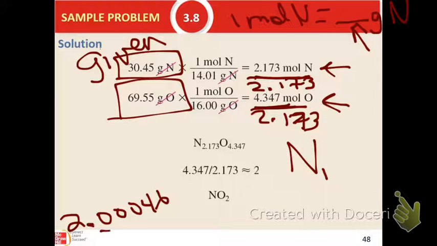And that is close enough, for sure, to round it to 2. Now, the mole-to-mole ratio of nitrogen to oxygen is for every 1 mole of nitrogen, there are 2 moles of oxygen. So my empirical formula, or the lowest whole number ratio of nitrogen to oxygen, is 1 to 2. That's my formula right here.